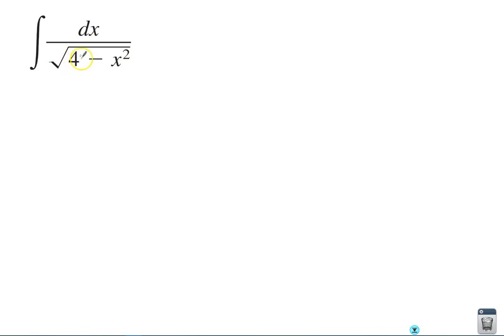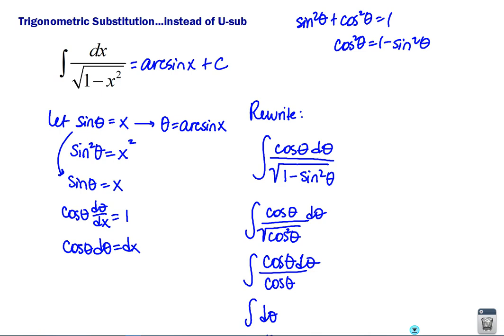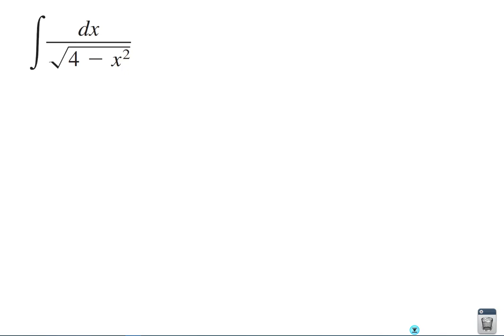Oh crap, but I have this 4 right here. I only know how to do trig substitution if I have a 1 minus x squared or a 1 minus something squared. Basically, I need a 1 right here because of this Pythagorean identity. But now I have this 4. So what do I do with the 4? Well, I am going to factor out that 4.